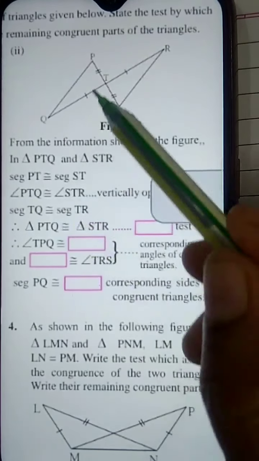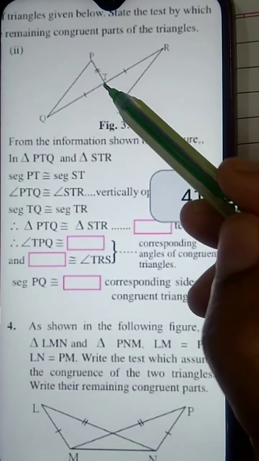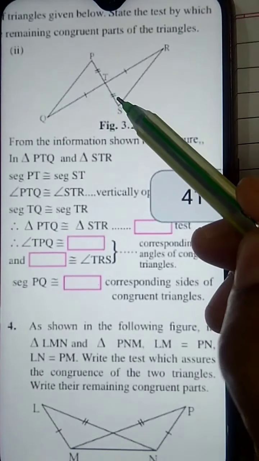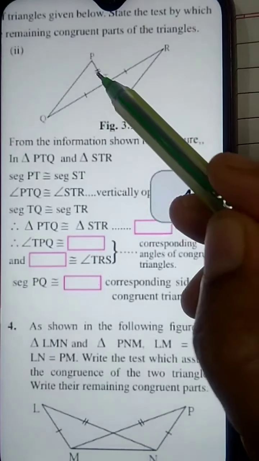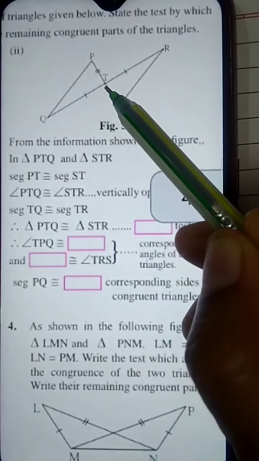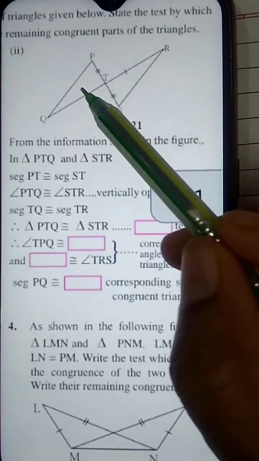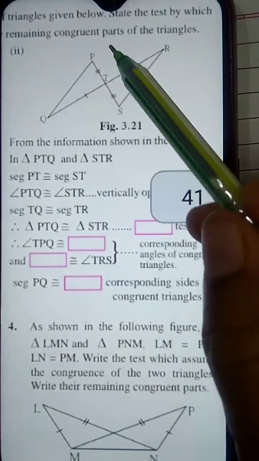Now, what all things are marked congruent? We don't need this information; from the figure itself we can make it out. Segment PT is congruent to segment TS. Both are shown the same way, with identical marks. Then segment QT is congruent to segment TR, with single identical marks given. So these two are given.